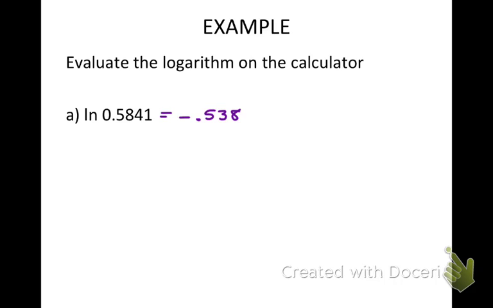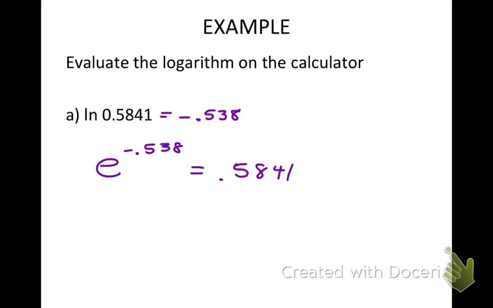If I converted that into an exponential equation, it would be the base of my natural log, which is e, to the negative 0.538 is equal to 0.5841. It's not going to be exact because we rounded our answer, but it'll be pretty darn close. Alright, so can you use your calculator to hit the natural log of something?